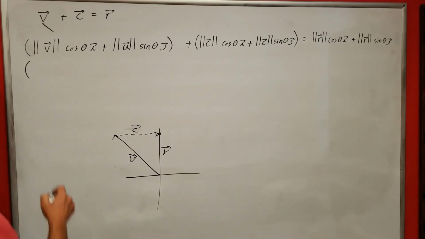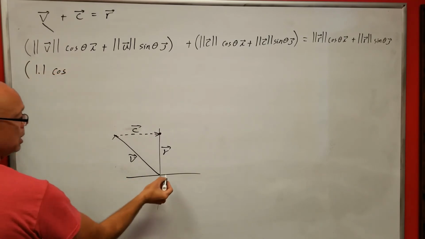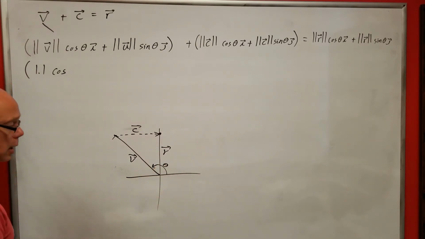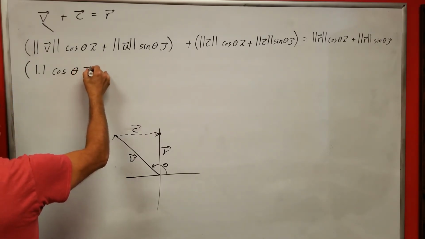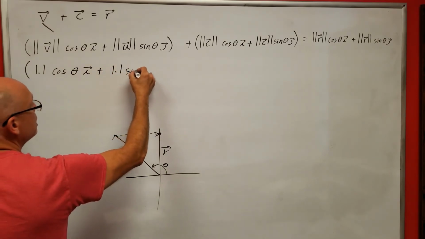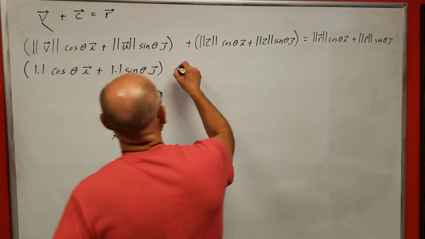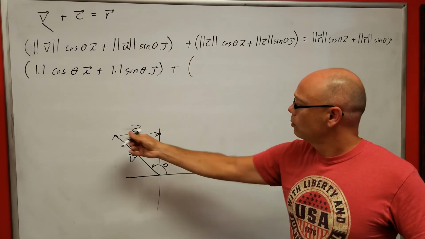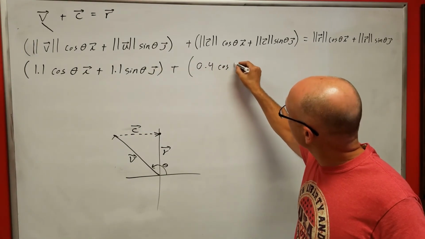How fast is my boat going? 1.1, right? Times the cosine of theta. Now, what is this value right here? Theta. I do not know what that is, right? So theta stays theta times vector i plus the magnitude of V is 1.1 again times the sine of theta, I don't know that again, times vector j plus the magnitude of vector C. What is my current? What is the speed of my current? 0.4 times the cosine of theta.